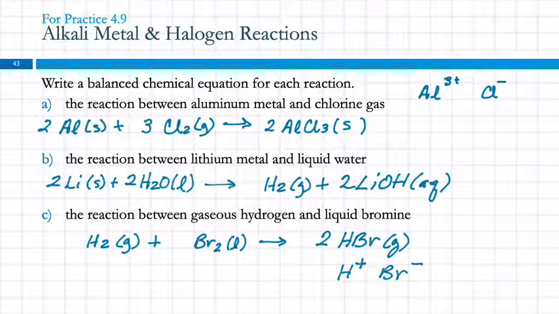Without charges, H and Br, how do you know how many of each? You kind of don't. So say it was saying like reaction between hydrogen, a gas, and sulfur, you can assume the same thing. Yeah, I would expect you to assume the same thing.